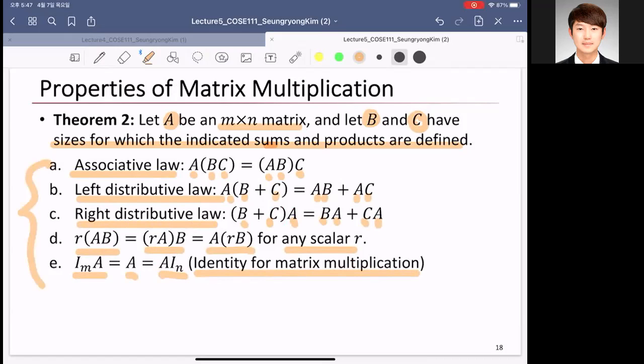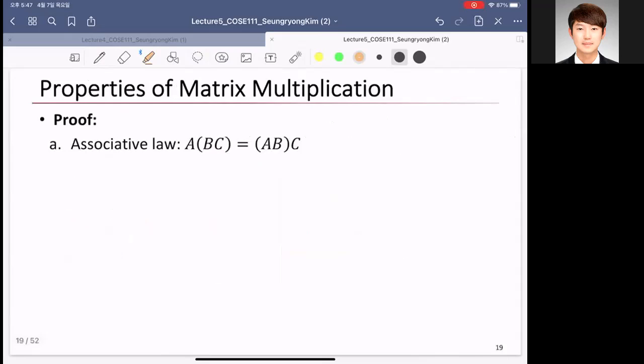So let's prove each law, each property. Let me prove the associative law, A(BC). First of all, this multiplication is possible.